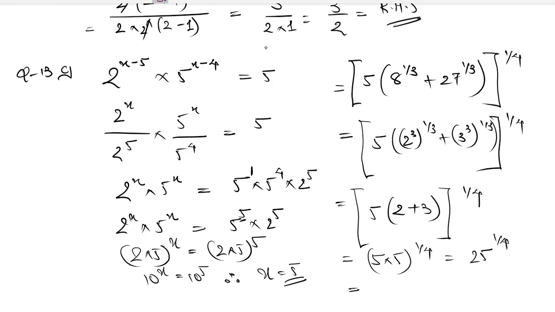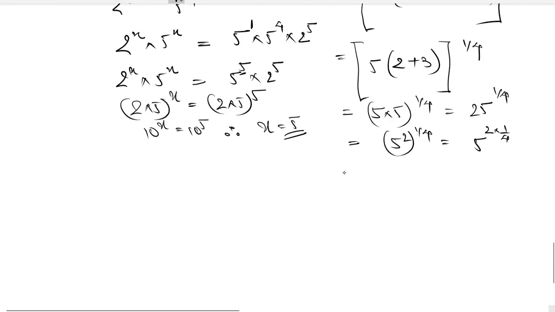I hope I have copied the question properly, because I don't think it's matching with any answer, but let's see. 5 square, the whole raised to 1 by 4, that is 5 raised to 2 into 1 by 4, that is 5 raised to 1 by 2, or root 5. The answer should be root 5.